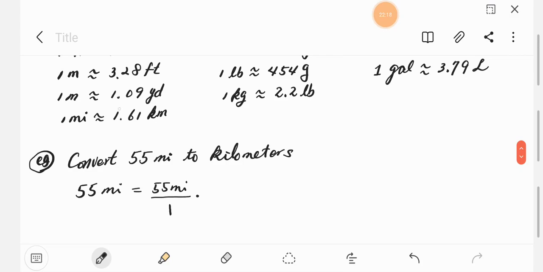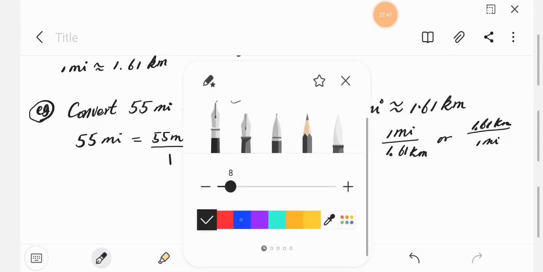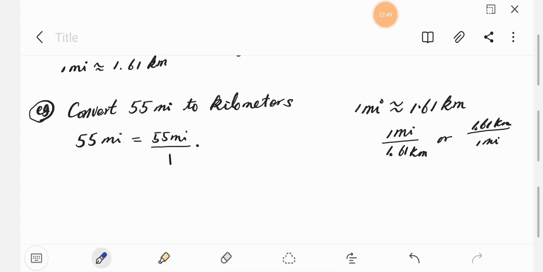That is this one: 1 mile is approximately equal to 1.61 kilometers. So we can use a conversion rate, either 1 mile in the numerator and 1.61 kilometers in the denominator, or 1.61 kilometers in the numerator and 1 mile in the denominator. So this is the conversion rate.